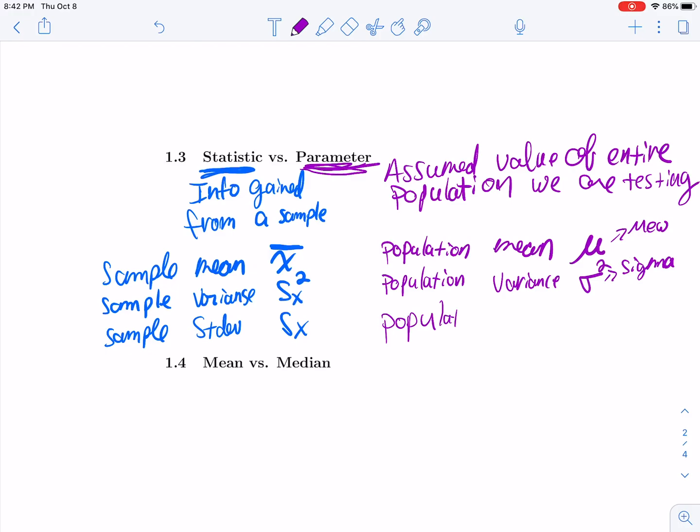And then we have the population standard deviation, which is just sigma. Right? So we use different letters to stand in for samples versus populations. Okay?